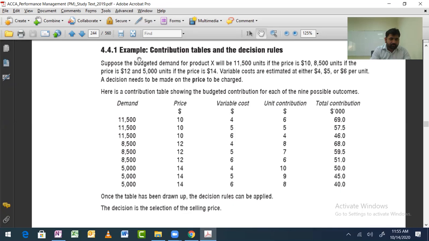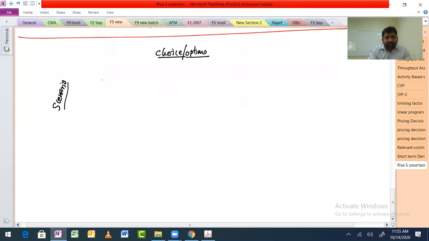Scenario will be 4, 5, 6. What is this 4, 5, 6? Price.